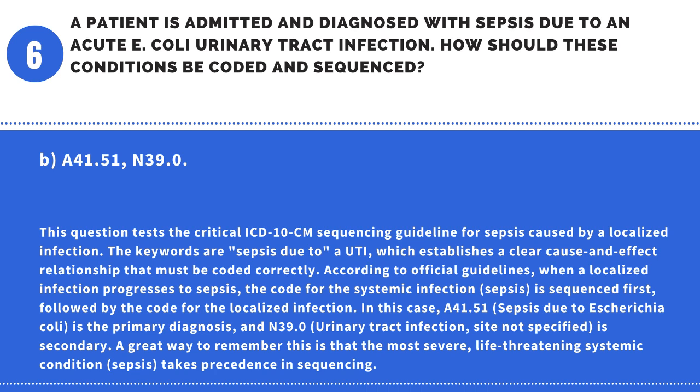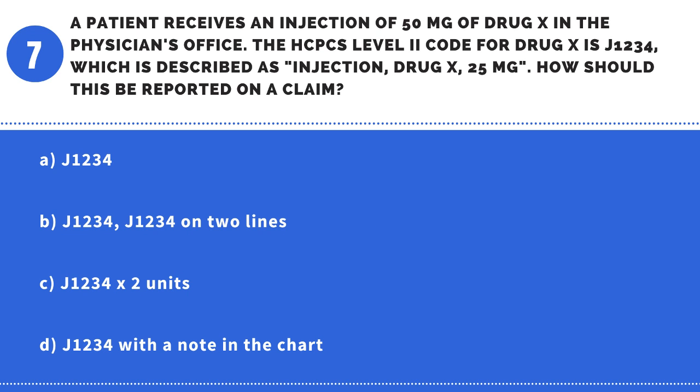In this case, A41.51, sepsis due to Escherichia coli, is the primary diagnosis, and N39.0, urinary tract infection, site not specified, is secondary. A great way to remember this is that the most severe, life-threatening systemic condition, sepsis, takes precedence in sequencing.